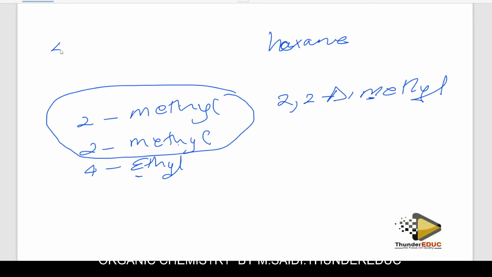So I'm going to say 4-ethyl dash 2,2 dash dimethyl hexane. 4-ethyl-2,2-dimethyl hexane. That is how we are supposed to write it.